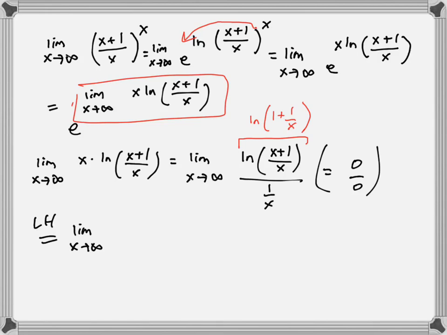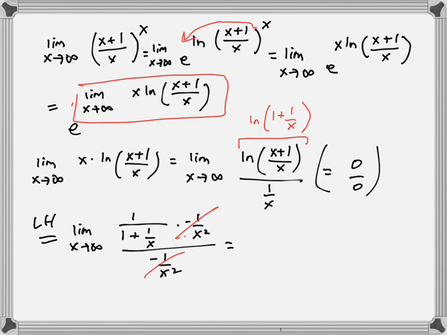I think it's better to write it this way, okay? So we need to take the derivative of the top and the derivative of the bottom. The derivative of the top is 1 over (1 + 1/x) times the derivative of the inside, which is negative 1 over x squared, and the bottom is 1 over x, so its derivative is negative 1 over x squared. And so this cancels with this.